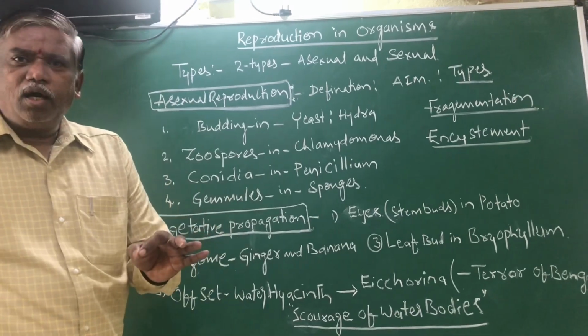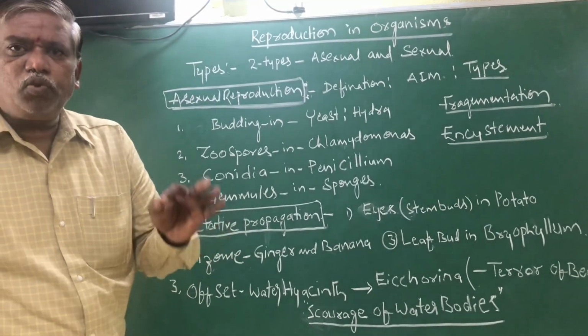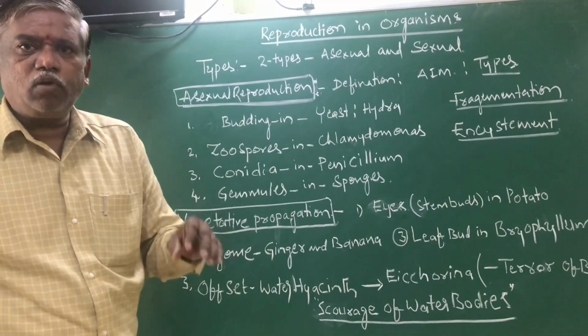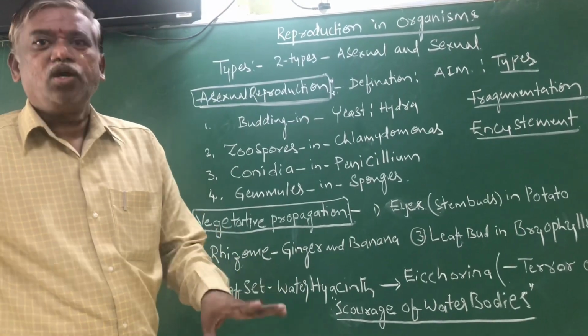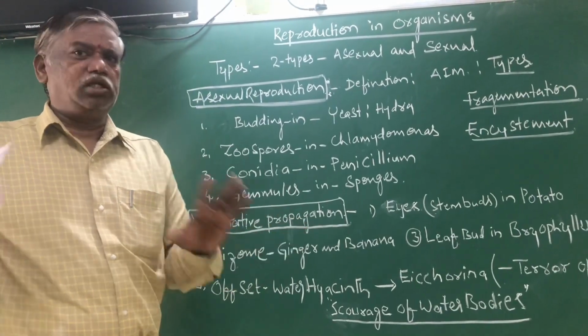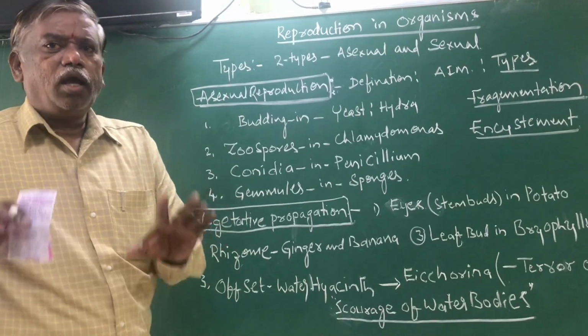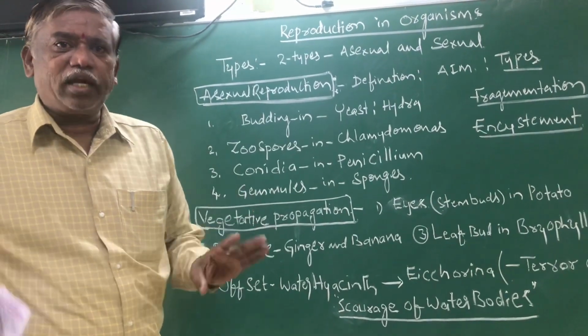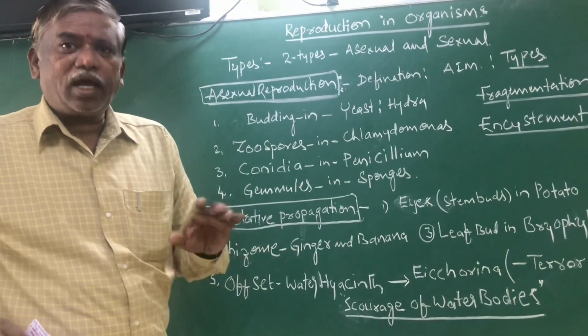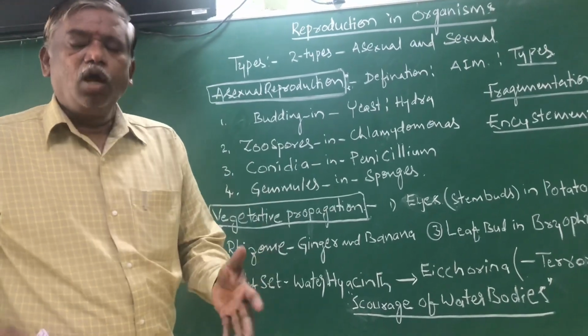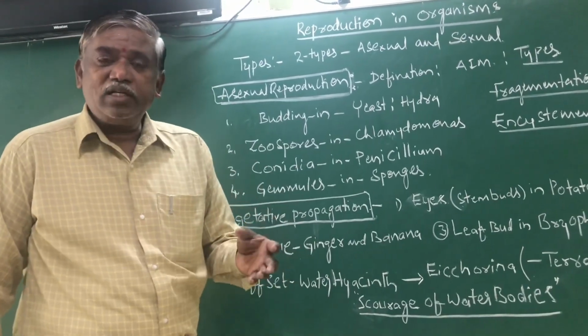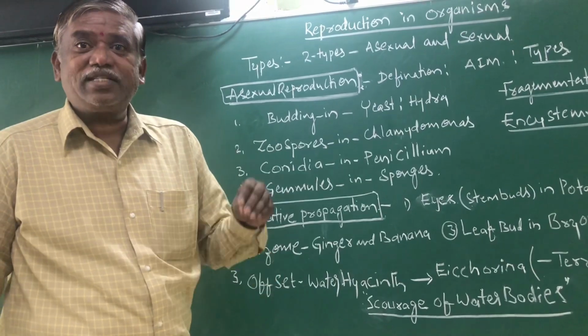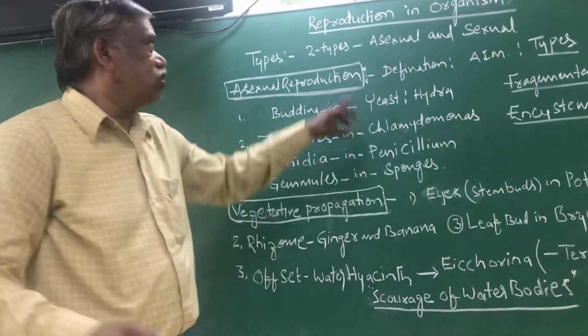If reproduction takes place without fertilization, without involvement of gametes, it is called asexual reproduction. It is a simple and beautiful definition. Once again, if reproduction takes place without fertilization, without gamete involvement, such reproduction is called asexual reproduction.